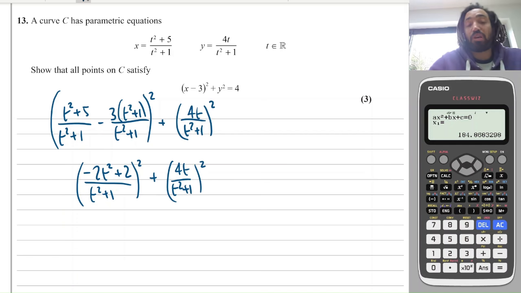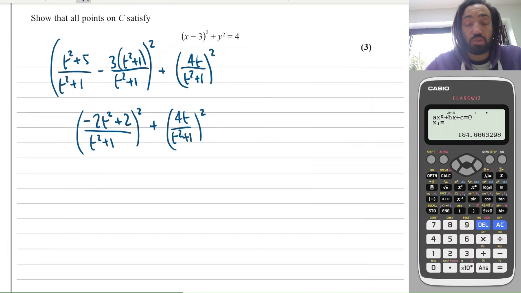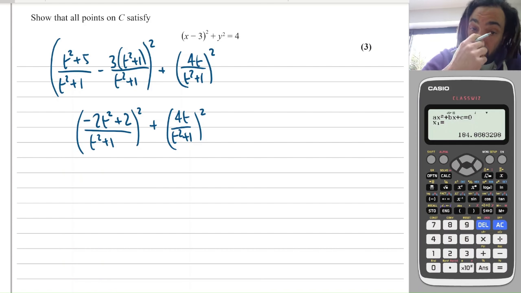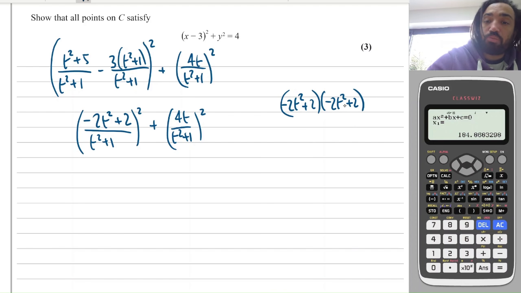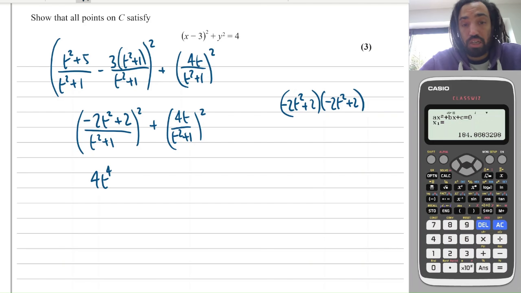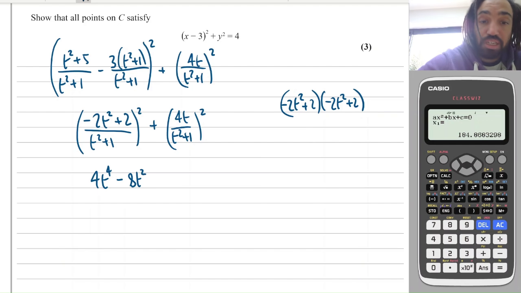And then what I can do is square both terms. So when I square minus 2t squared plus 2, I need to times it by itself. So I'm going to end up with 4t to the 4, a minus 4t squared and another minus 4t squared, so minus 8t squared, and I'm going to end up with plus 4.